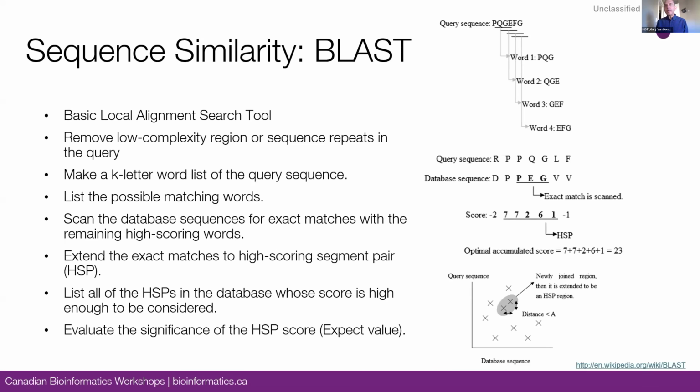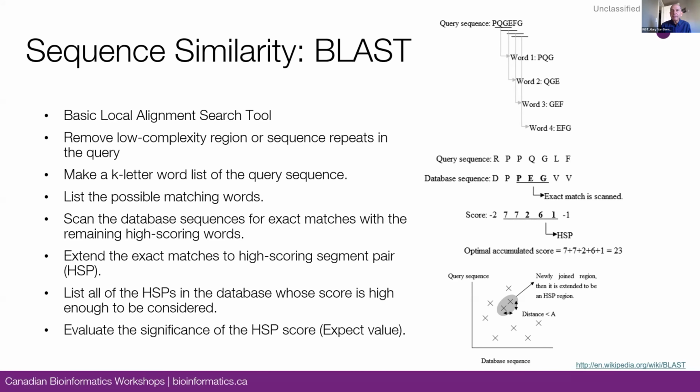Okay, so the sequence similarity is done by BLAST, and I don't think we have time to go through how BLAST works. But what's important to notice is that it's very fast, which makes it very useful, and it can provide a score that gives you an estimate of the relatedness. That's called your expect value of the match.